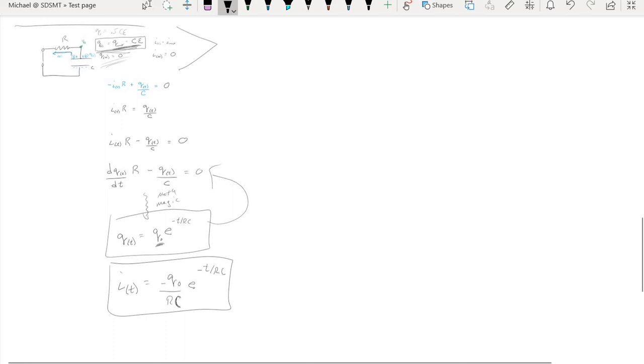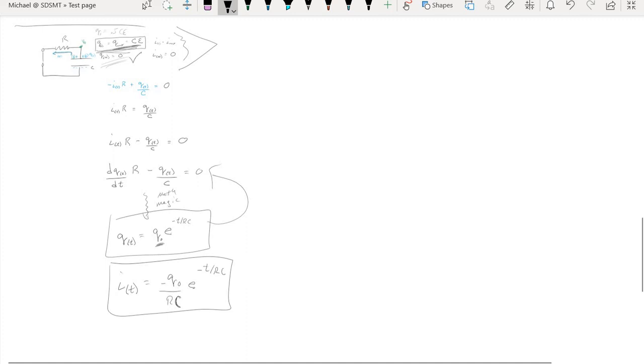If we let this go for a really long time, eventually all the charge should nullify. So what happens if the time goes to infinity? Well, e to the negative infinity is 0, and so the whole thing goes to 0. And so that part checks out. For the currents, we should have a maximum current when time is 0.